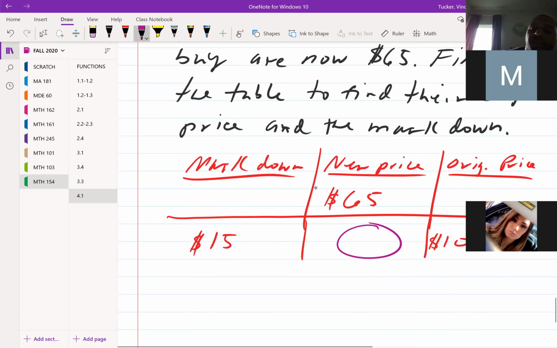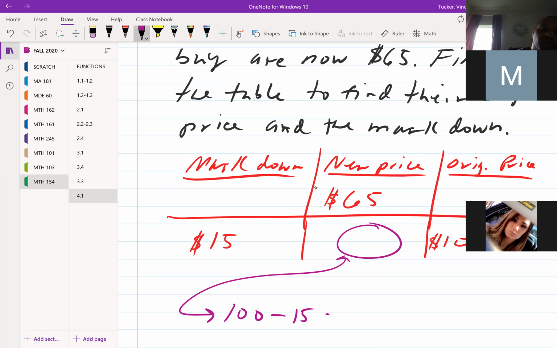But that's fine. So in order to find this middle piece right here, that's going to be $100, which is your original price, minus the markdown, which is 15, which will give you the new price, which is 85. All right.